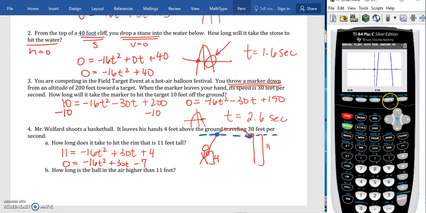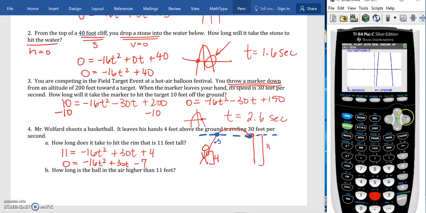So I go to second, calculate, I choose 0. Let's find that cursor. There he is. I'm going to hit enter, and I'm going to hit enter and then enter one more time. Looks like we'll go with 0.3 seconds there. And let's do it one more time.